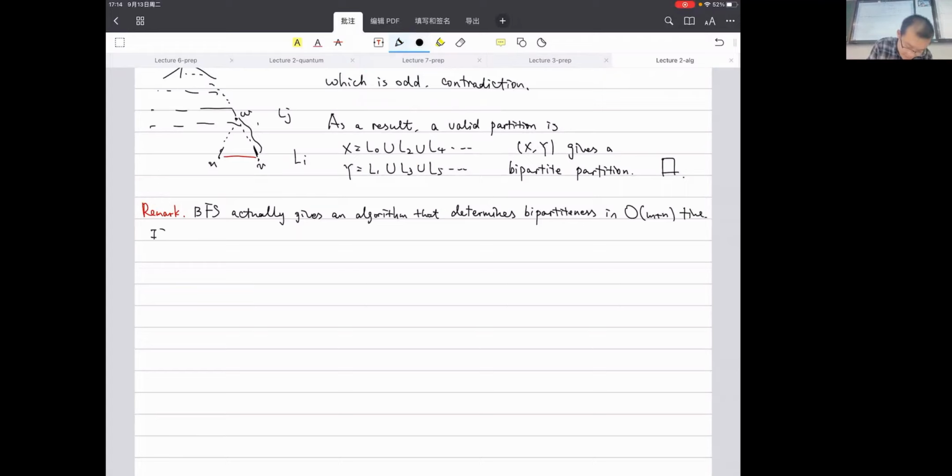If, for instance, G is not bipartite, then from this argument we can see that there exists an edge in the same layer.